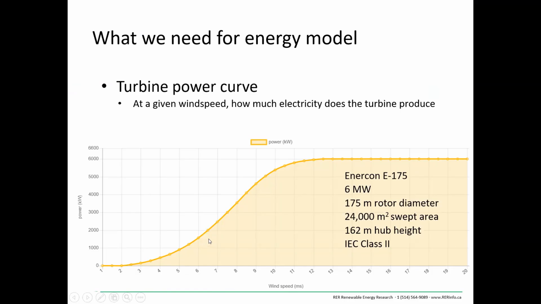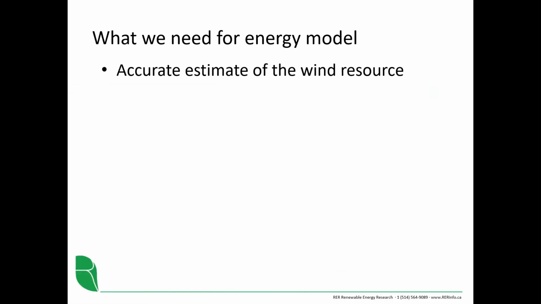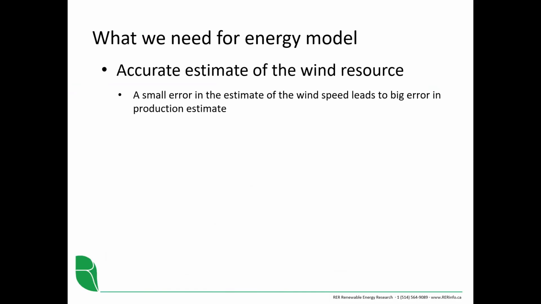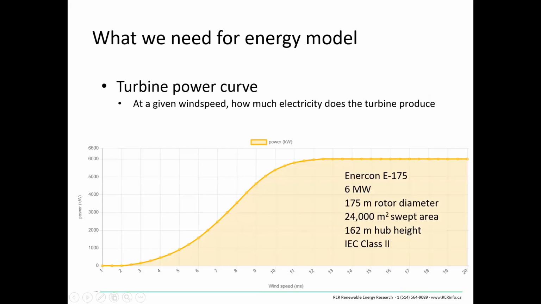So now we have this power curve. What else do we need? Well, we need an accurate estimate of the wind resource at our site. And this is particularly critical for wind farms because a small error in the estimate of the wind speed will lead to a big error in the production estimate. And we can see that simply by looking at this power curve.